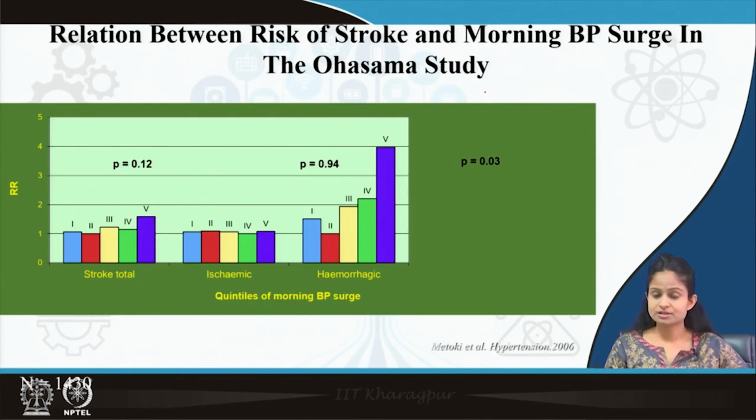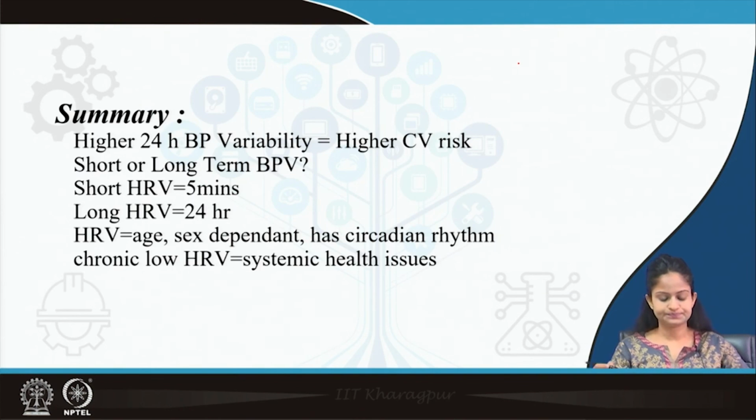Similarly, there is a high risk of stroke in patients who are having morning BP surge. The Ohasama study has shown that whoever persons are having morning BP surge have to be very careful and take their antihypertensive medications very cautiously, to prevent certain cardiovascular risk or cardiac death.